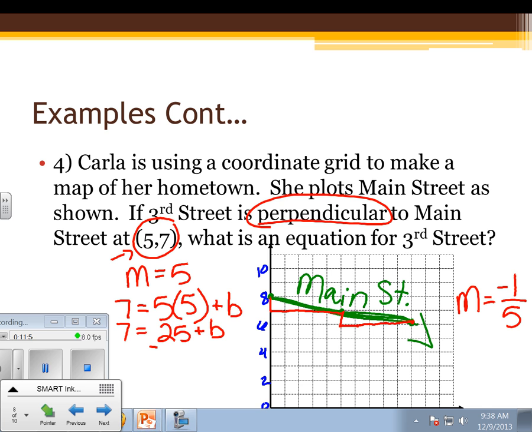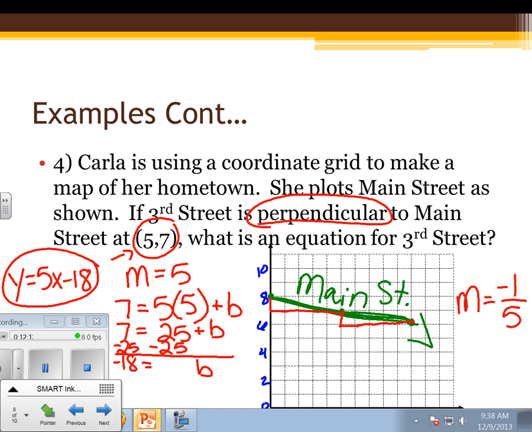Subtracting 25 from both sides, b ends up being negative 18. So your equation for 3rd Street is y equals 5x minus 18, and that would be the location for 3rd Street.